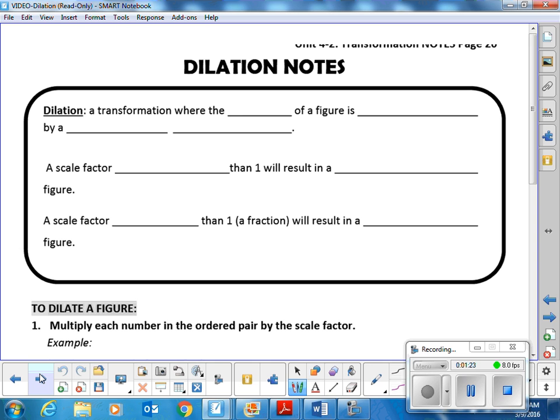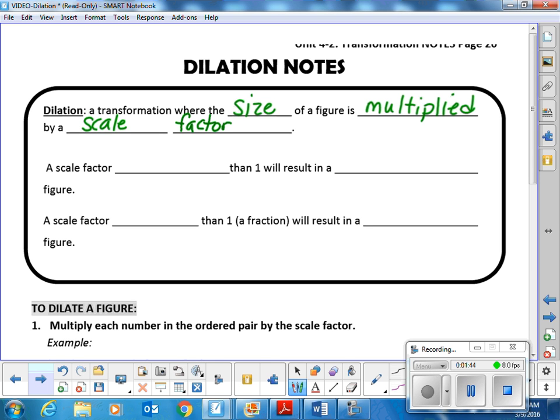A dilation is a transformation where the size of the figure is multiplied by a scale factor. And you've heard scale factor before.